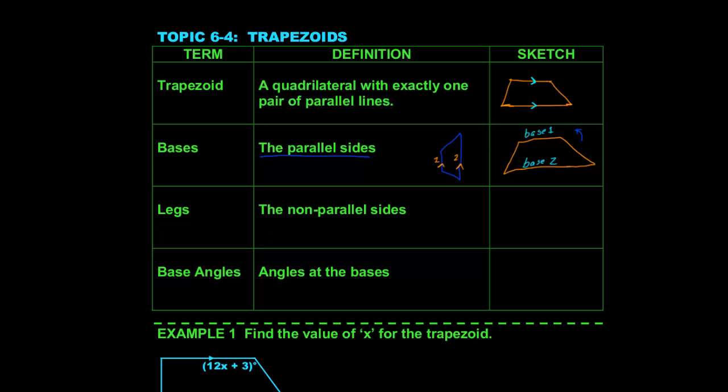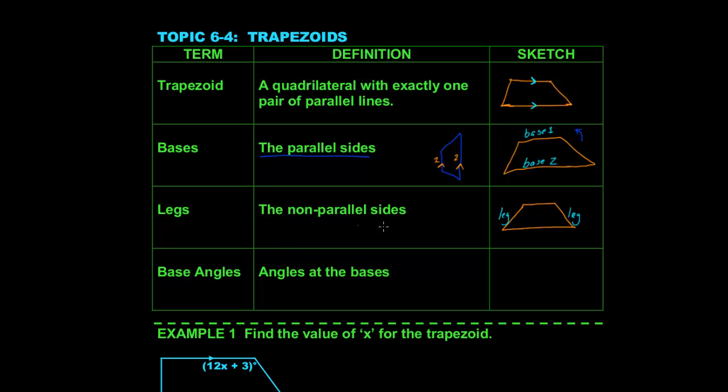Alright, our legs. Let's go ahead and redraw our figure. Our legs are the non-parallel sides. So, let's snag a color here. We've got two legs in this instance, a leg here and a leg here. Alright, base angles.